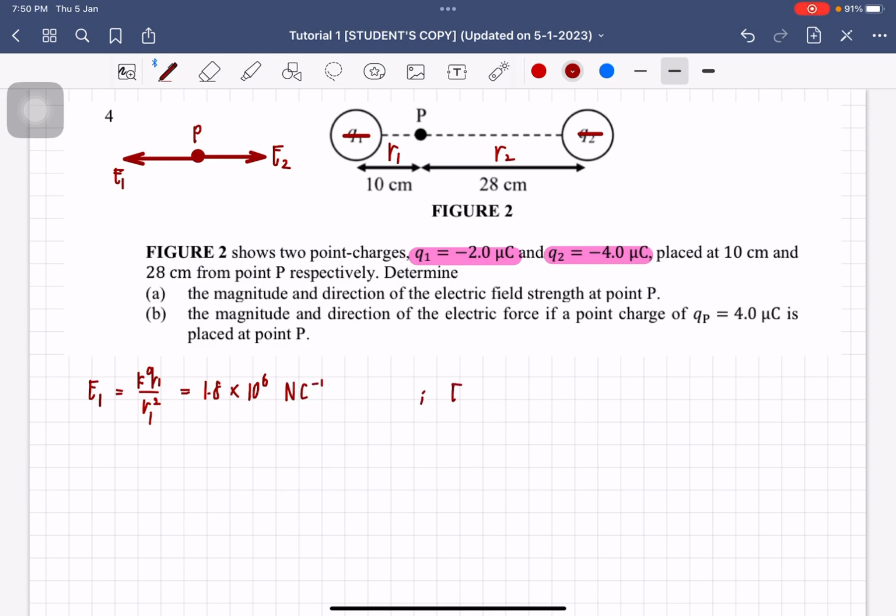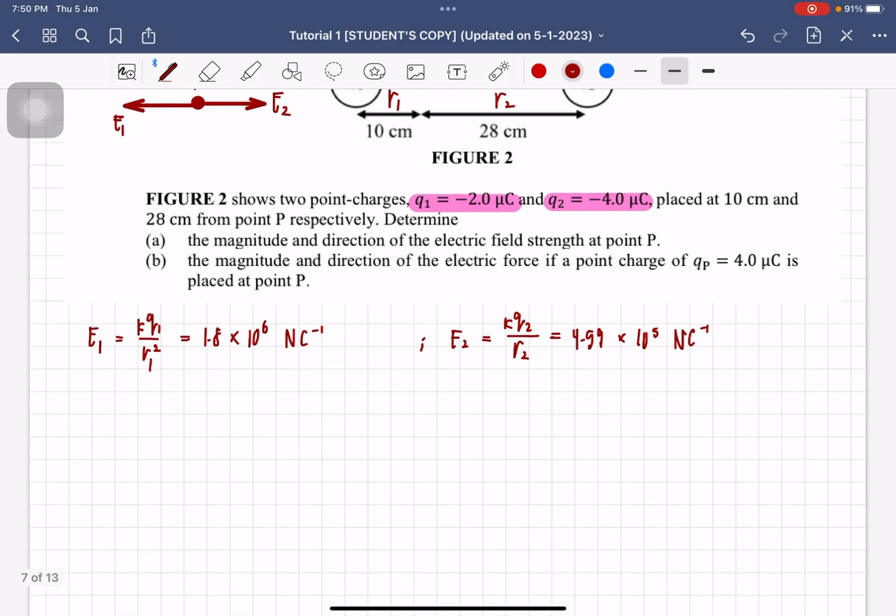And then for E2, use the same formula, just change the value of Q2 and R2, where R2 is 28 centimeters. This will give you 4.59 times 10 to the power of 5 Newton per Coulomb.